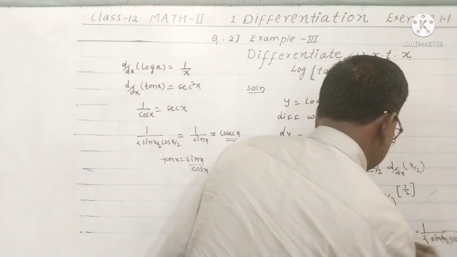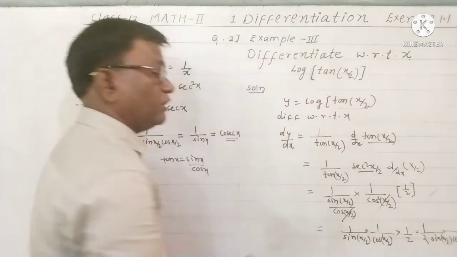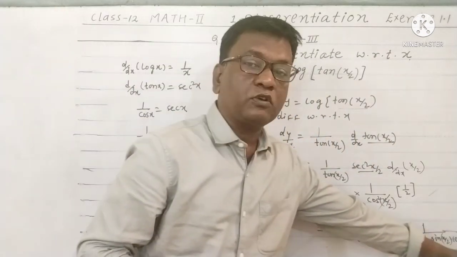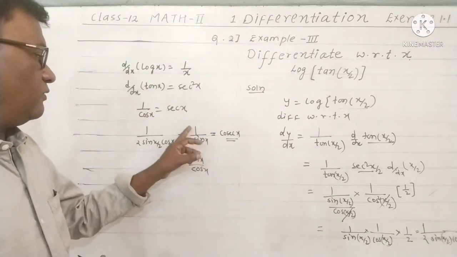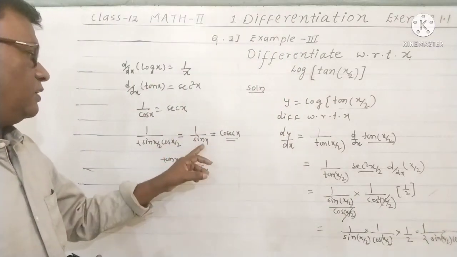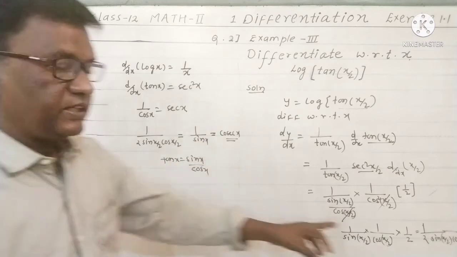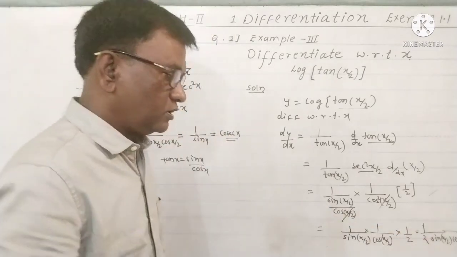And we have a formula here. Again we have the formula: 1 upon 2 sin x by 2 cos x by 2 is equal to what? It is the formula for sin x, 2 sin x by 2 cos x by 2.